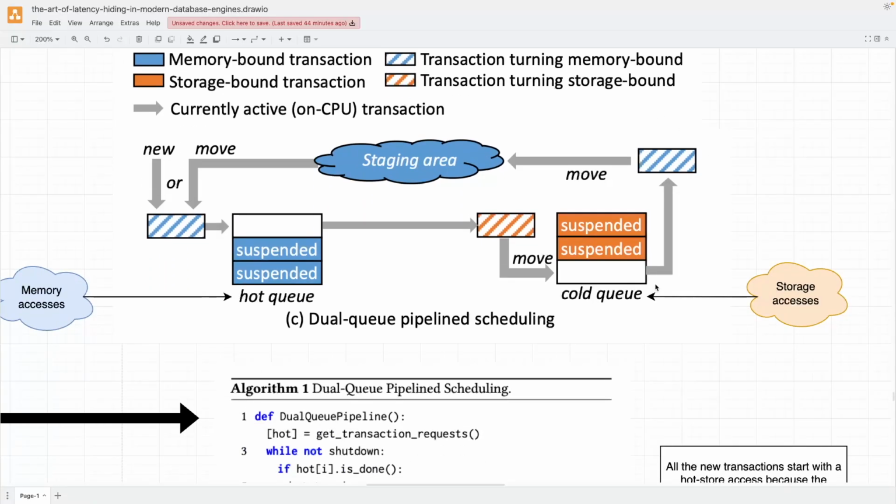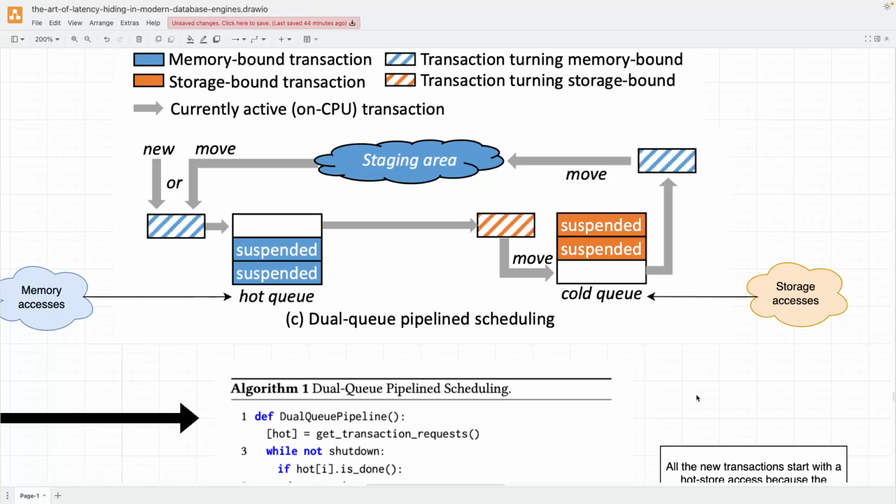And the third point, which is again an important takeaway, is that transactions may switch between accessing memory to accessing storage. Because if you think of any SQL statement that you would have written, you might be accessing a lot of data records in your database tables. These records might be in memory partially and might be in storage.